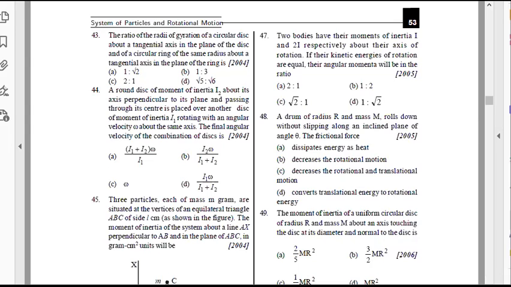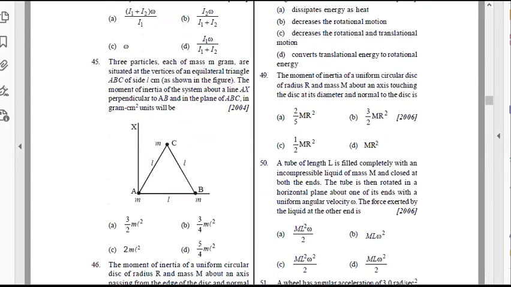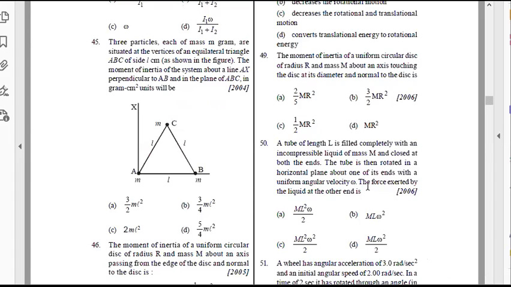Now 49 is the same parallel and perpendicular axis theorem. You can solve 50. But we have solved exactly this question in fluids, if you remember. Does anyone remember how to find the tension?